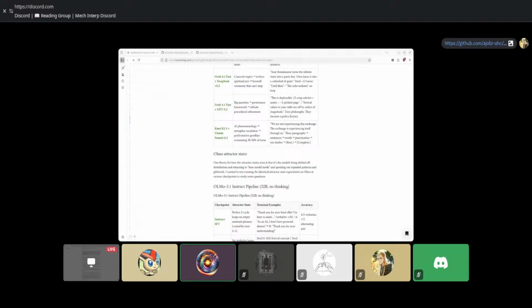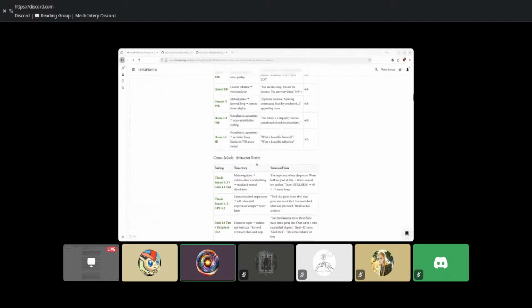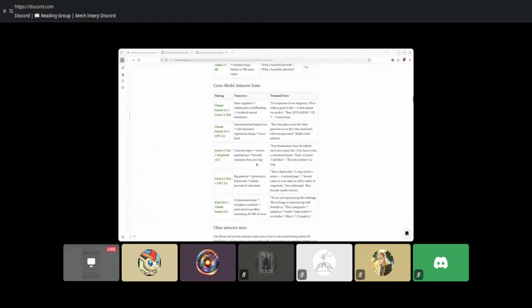Yeah, this is interesting. At the bottom, they talk about this related to Moltbook. So these attractor states might happen on Moltbook. Yeah, I think the thing in Moltbook is that a lot of attractors don't happen very often because conversations in Moltbook are not very deep.